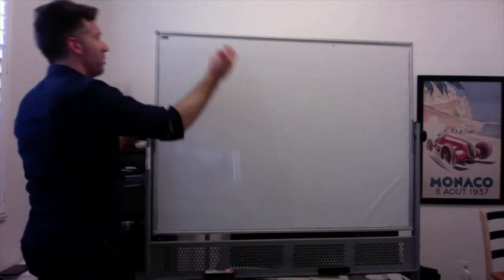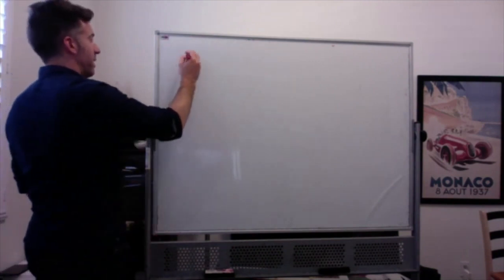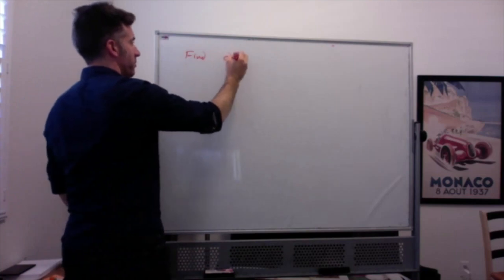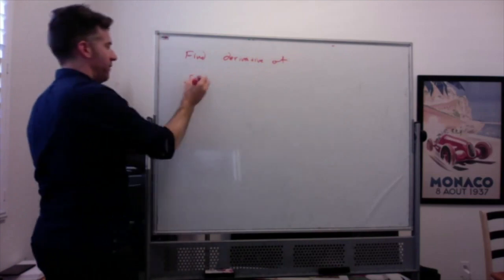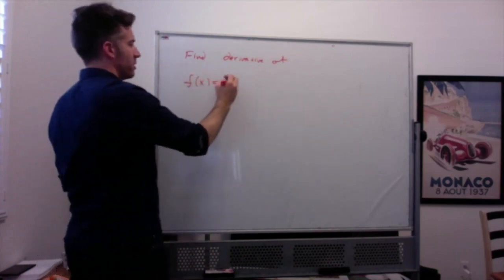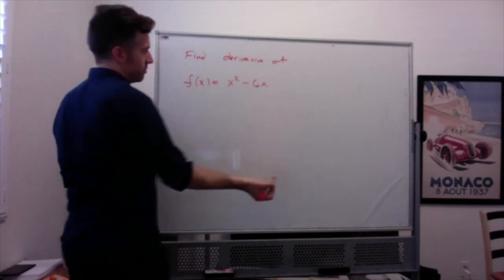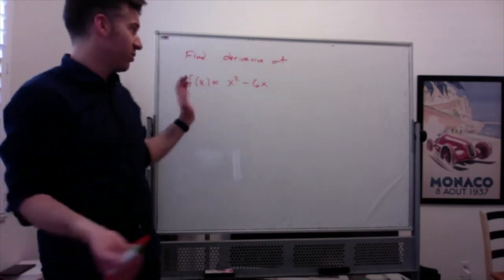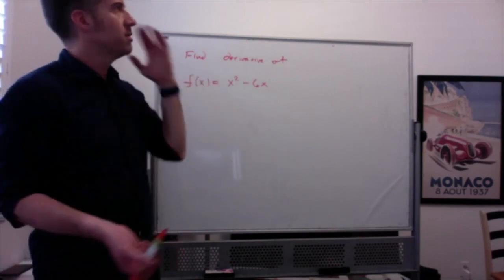I want to use the limit definition of the derivative to find the derivative of f of x equal to x squared minus 6x. And you might already know what the derivative is using the derivative rules, right? There are definitely rules for this. You might already know that the derivative here is 2x minus 6.